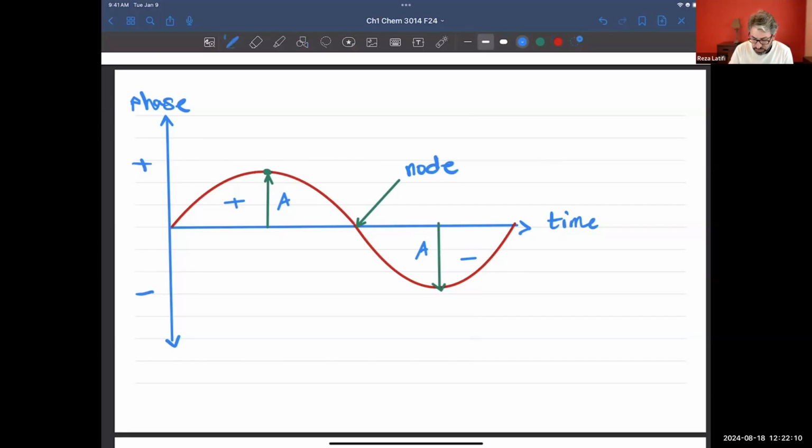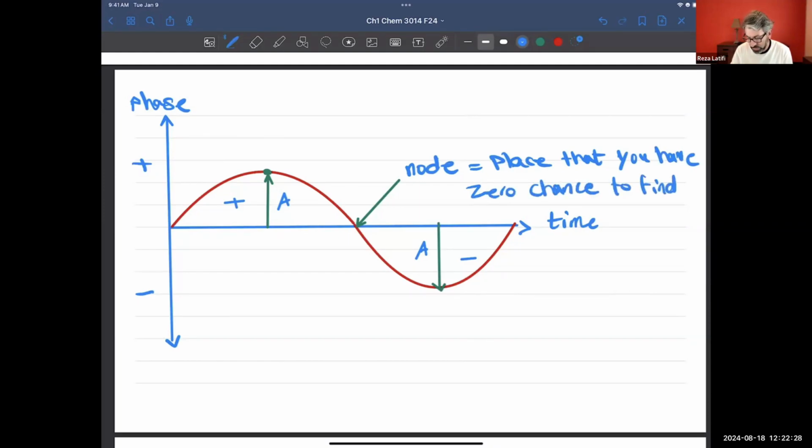A place where you have zero chance to find the electron.